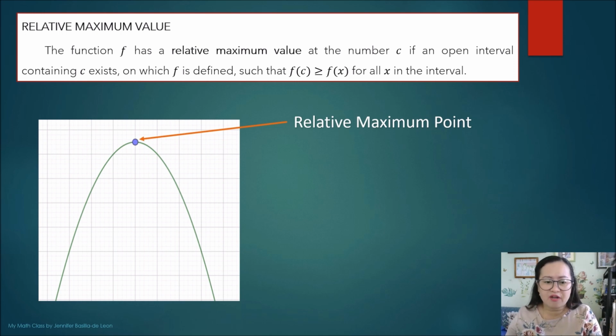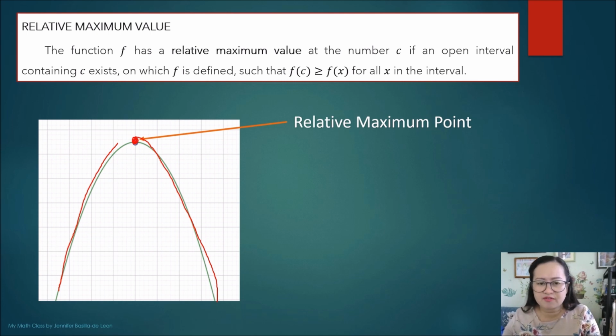Considering this graph, if we trace this graph, we can see that the highest point can be found at this part of the graph. And with this, we can say that this point is the relative maximum point of the function on that particular interval.